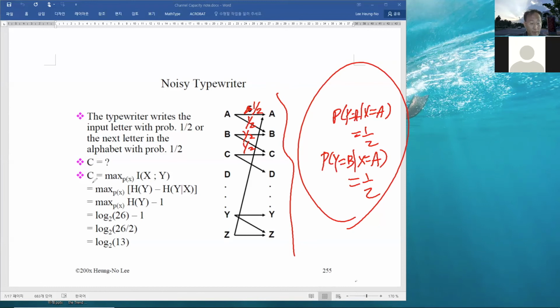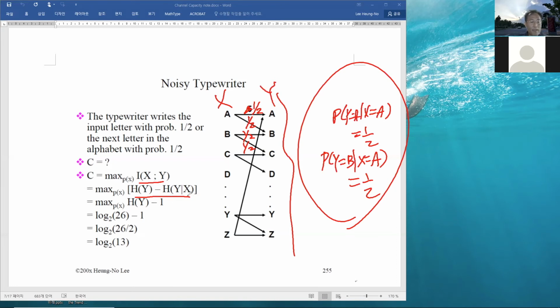And the capacity again is maximum mutual information, where maximum is taken over the input distribution. Using the definition of mutual information, we can write this as the entropy of y, where input is x and y is the output, minus the entropy of y given x.